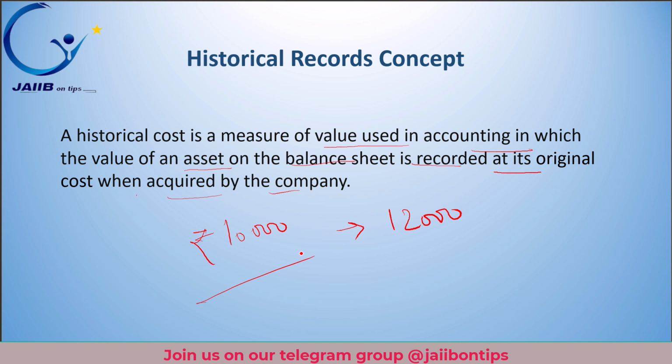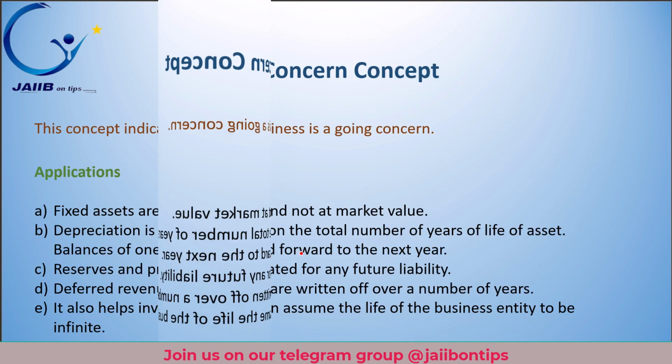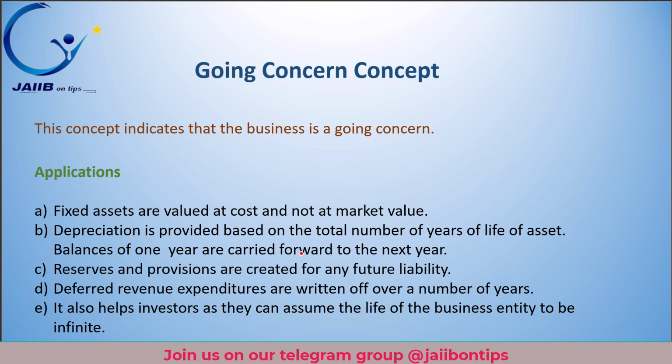This way of recording things helps keep the financial record simple and clear. It's like saying this is what we paid when we got it, and we are going to remember that. Clear?